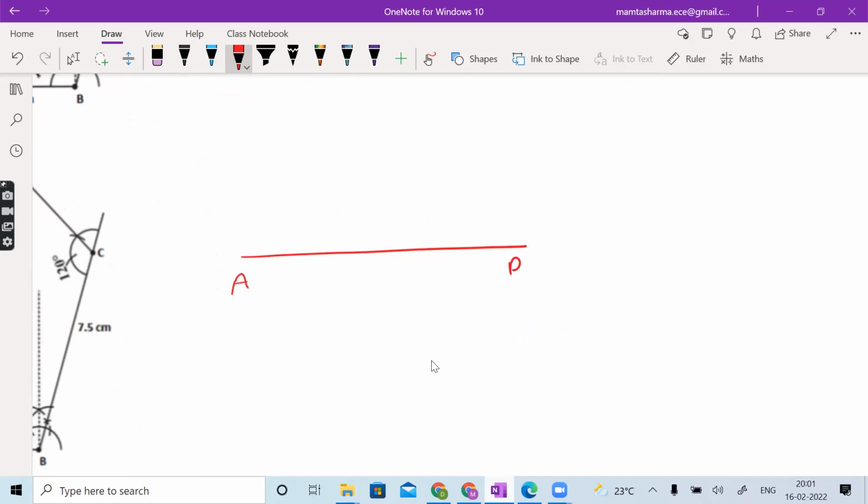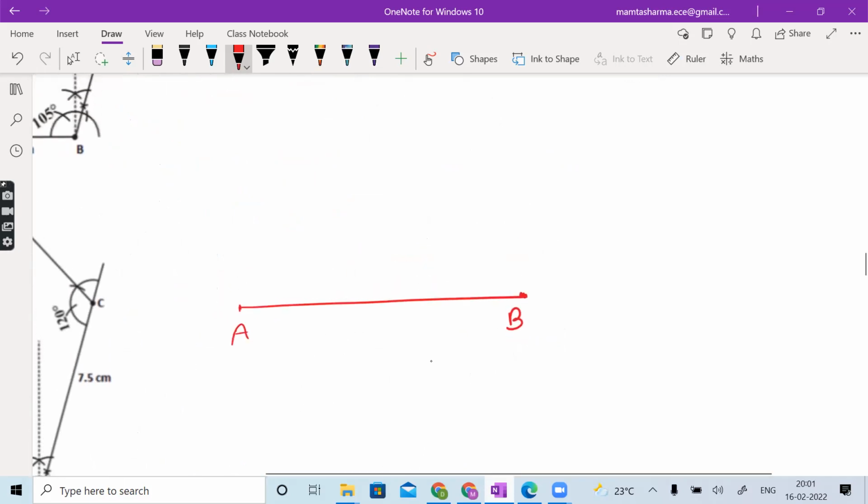If I have a line segment AB, how will you construct any angle from the compass? Open the compass of any convenient radius. Draw an arc from the compass, and after that put your needle at point C and draw the first arc, second arc, and third arc.